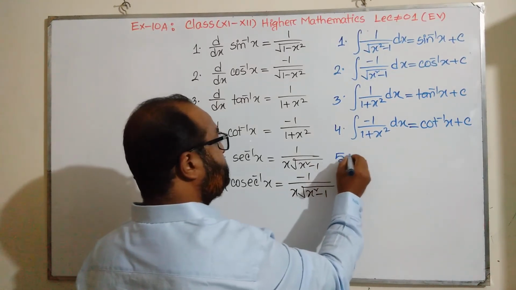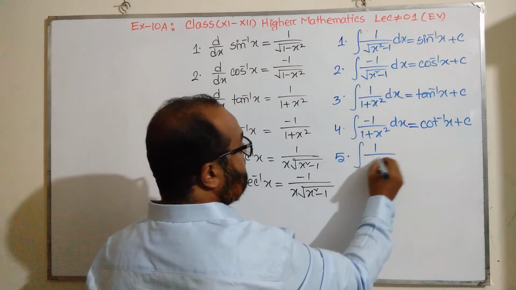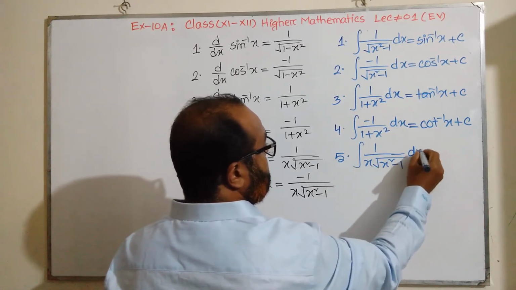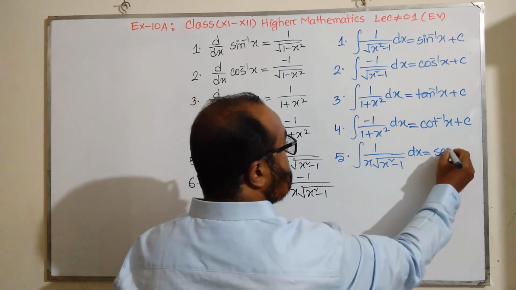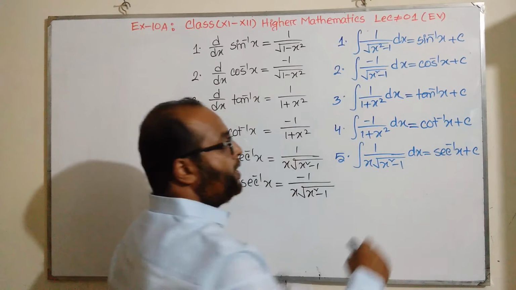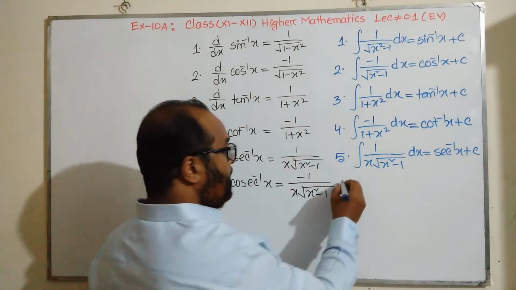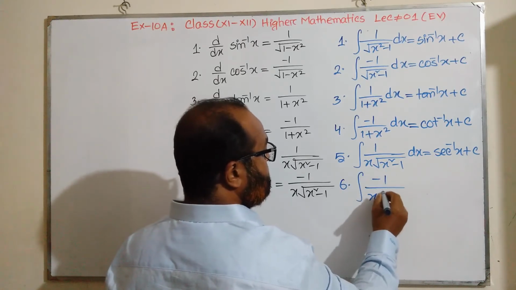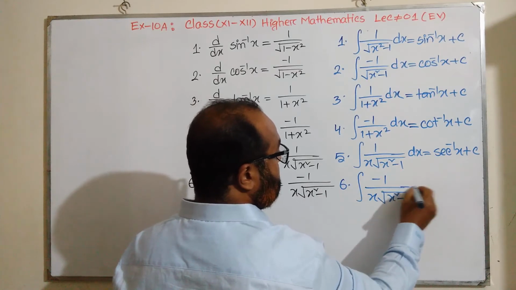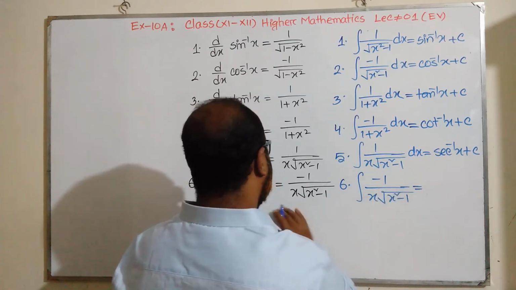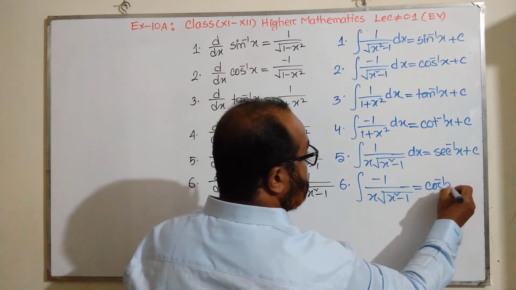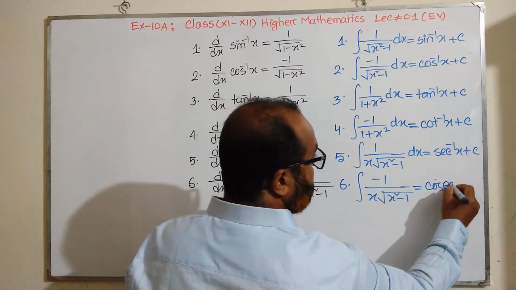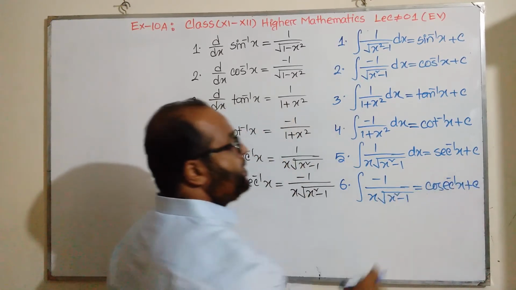Number 5, integration of 1/(x root(x square minus 1)) dx equals sec inverse x plus c. Number 6, integration of minus 1/(x root(x square minus 1)) equals cosec inverse x plus c.